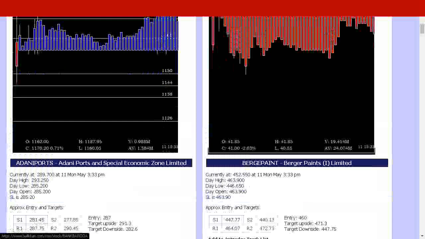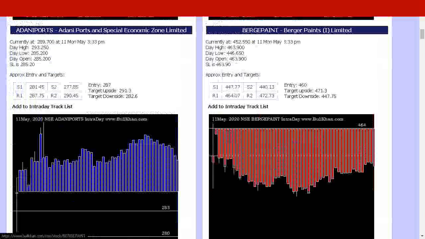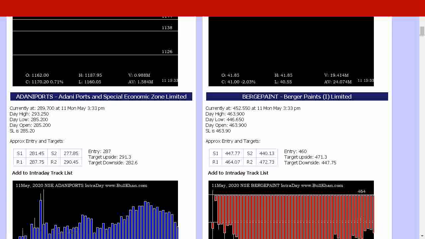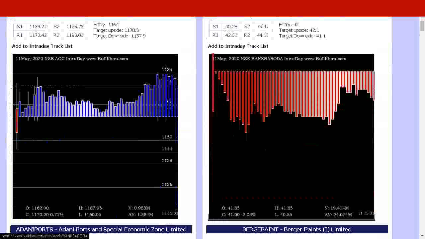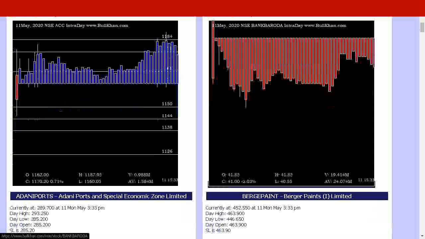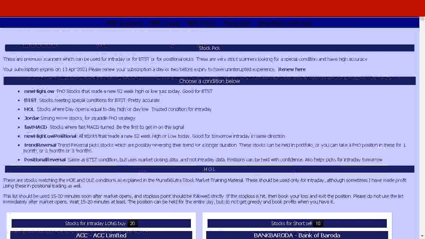You see, all the first three stocks on both sides have given us profit. ACC Limited, Adani Ports, Adani Power, there were 5 stocks, they gave us profit. Bank of Baroda, that also gave us profit. Cipla, this also gave us profit. So this is all we are doing.